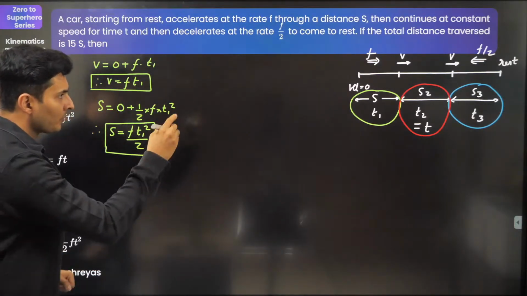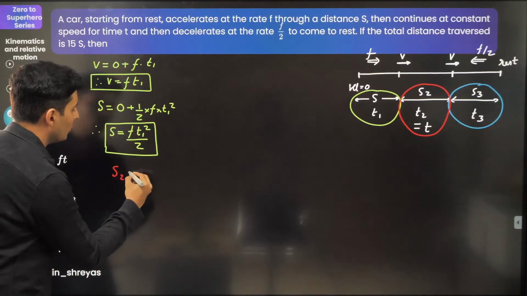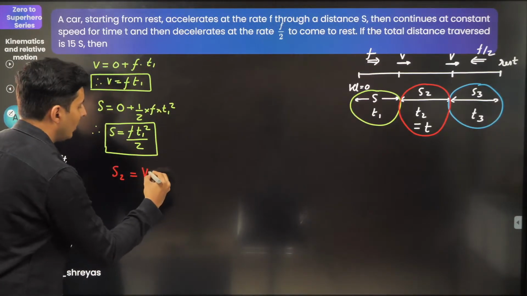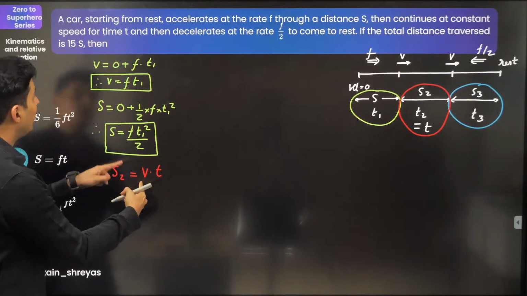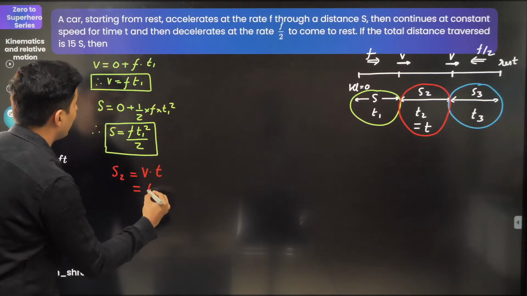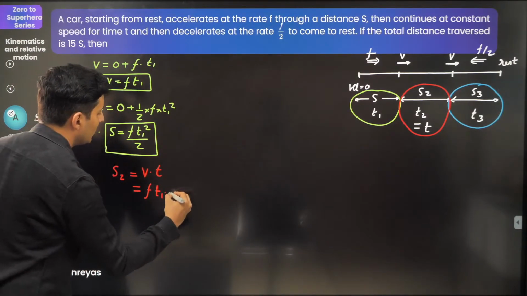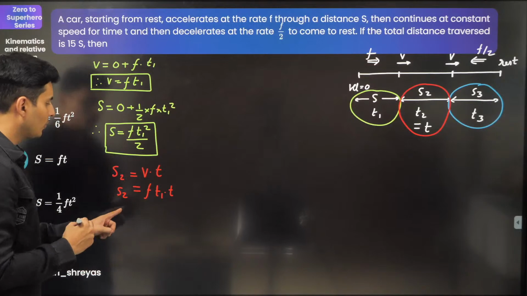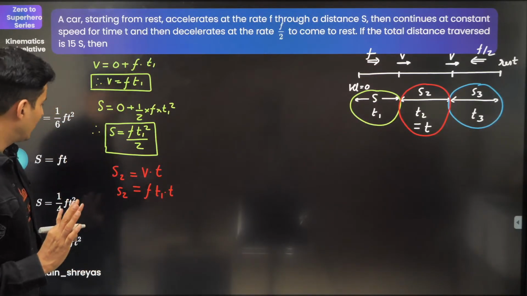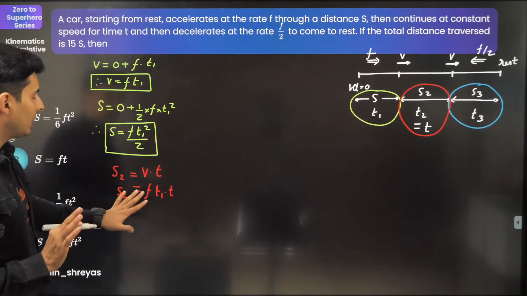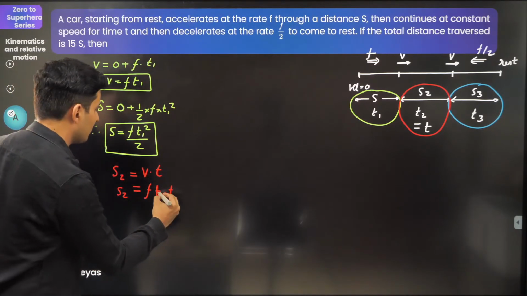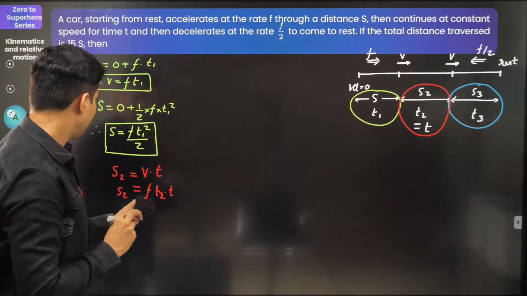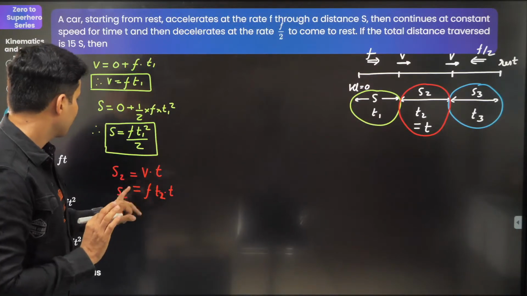So distance 2 will be just velocity into the time. Velocity I know from here is nothing but FT1 into t. So this is just displacement 2. Okay, I can just keep it over here. Oh, sorry, this is not T1, this is T2, my bad. This is FT2 into t.